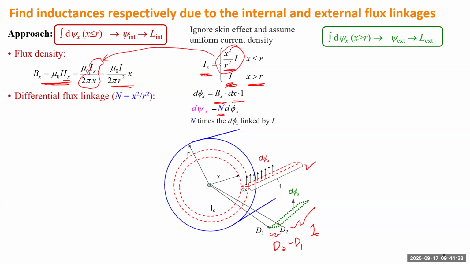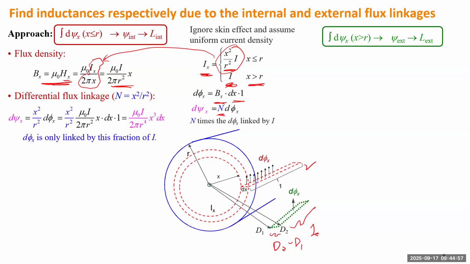Next, we want to calculate the flux linkage. We call it the differential flux linkage because it's a flux linkage that depends on the d phi x only for that small rectangular area. Why do I call it differential? Because the n is smaller than 1. The entire current is not linking the flux.